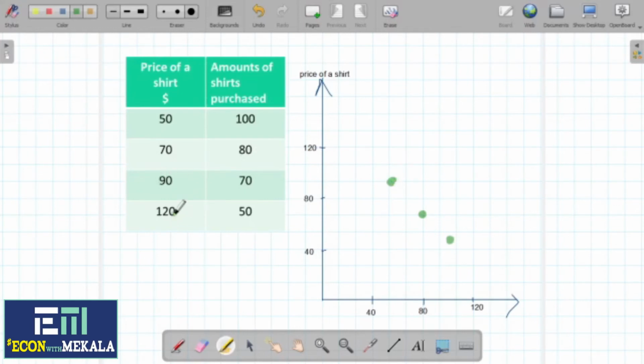Next we have 120 as the price and quantity is 50. So 50 should be somewhere here.